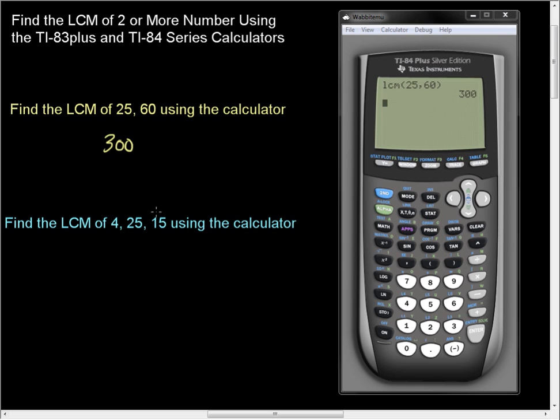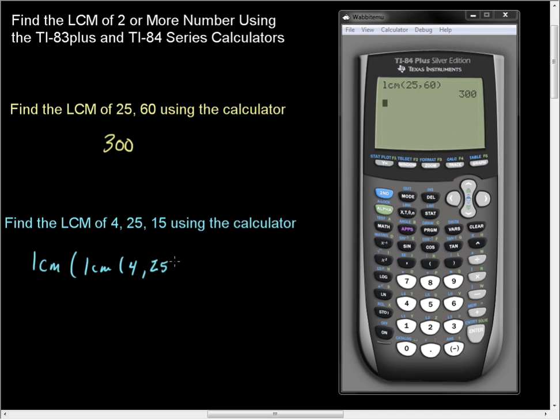All right, now if we go to this next one, we have a couple of choices. We can embed one into another, and it's going to look like this: LCM of the LCM of 4 and 25, comma 15.